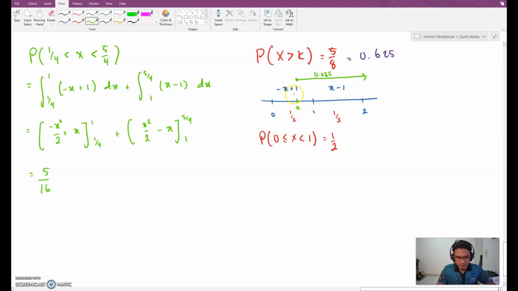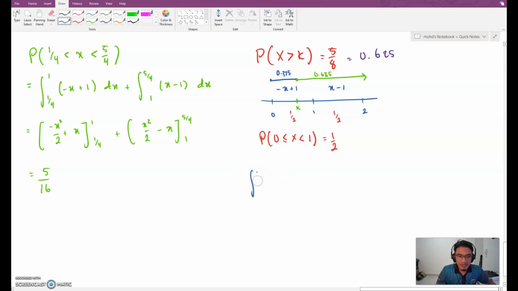So we can determine the value of k by knowing the probability from 0 until point k, which is 0.375.